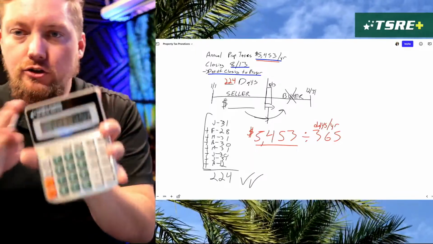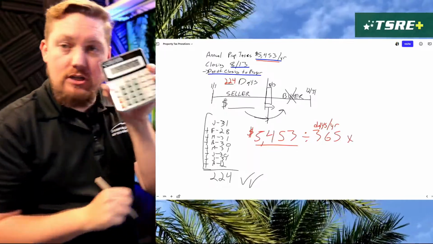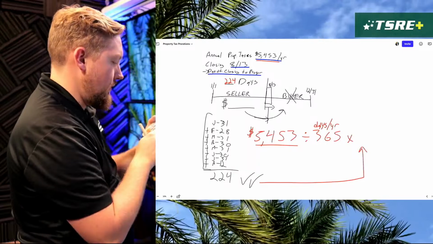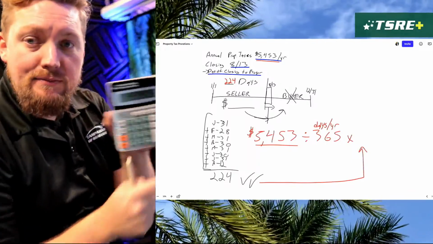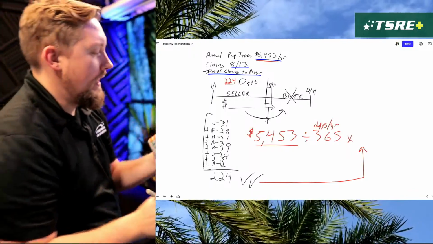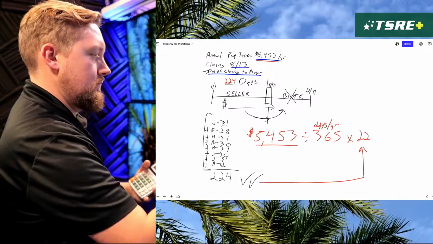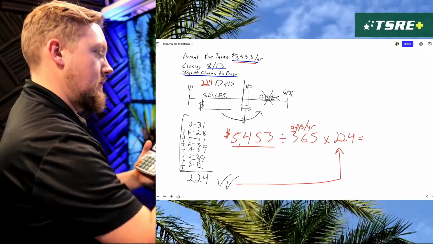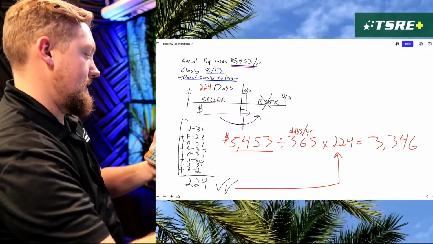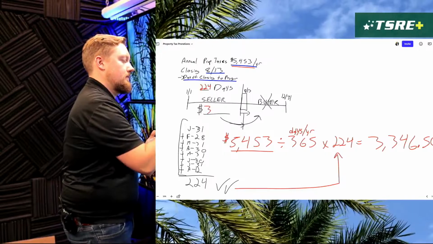And again, do not round. Save your rounding until the very end. So you're just going to leave that in your calculator. That's why we already found out that this is 224. So we could simply do that long number times 224. And that will give us $3,346.50.